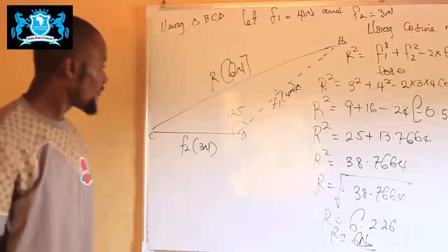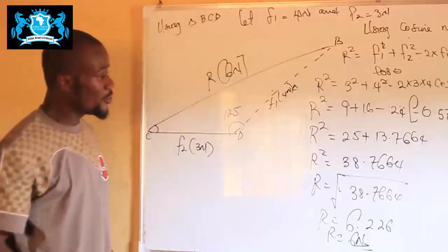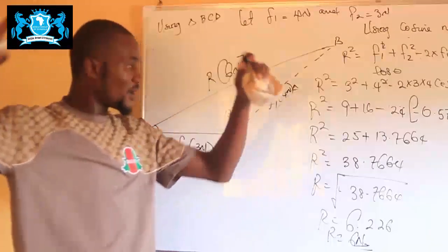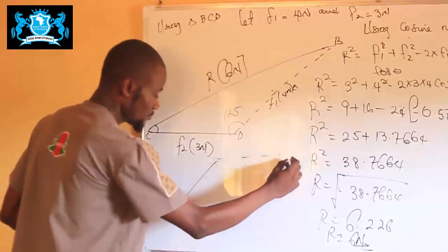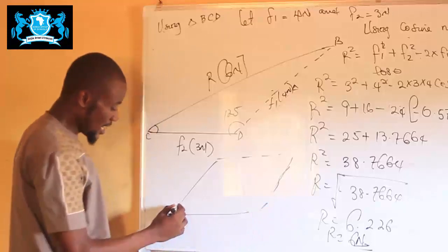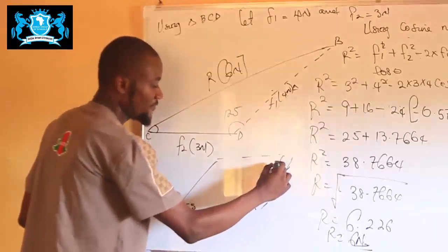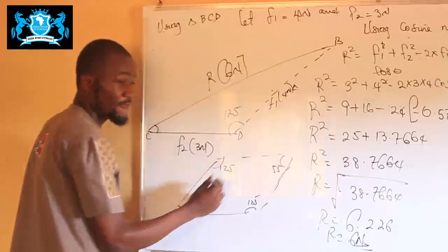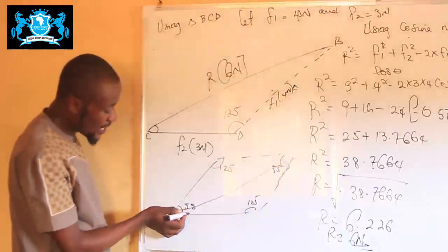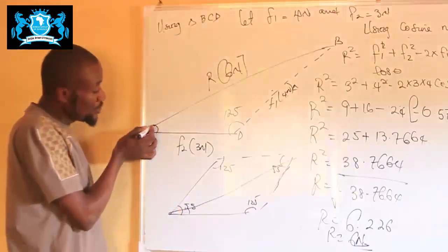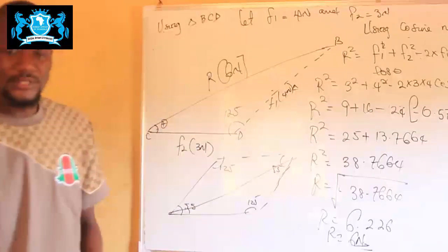Now assuming that you have been asked to get the angle here, if you can remember our parallelogram, we carved out something like this. We had 55 here, we had 125 here, we had 55 and we had 125. Assuming that we have been asked to find the angle here, which happens to be this angle theta, getting this angle we are going to use the sine rule.